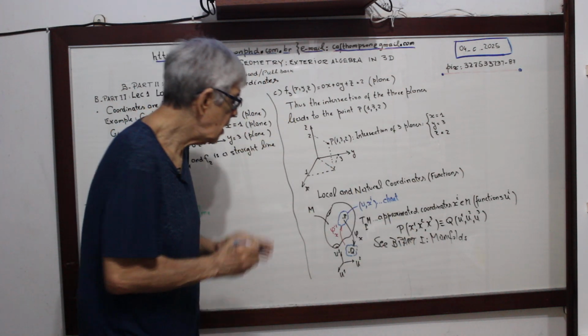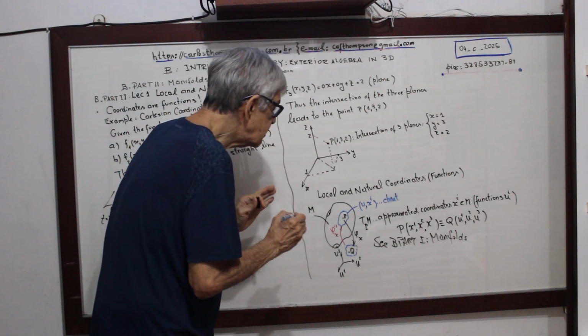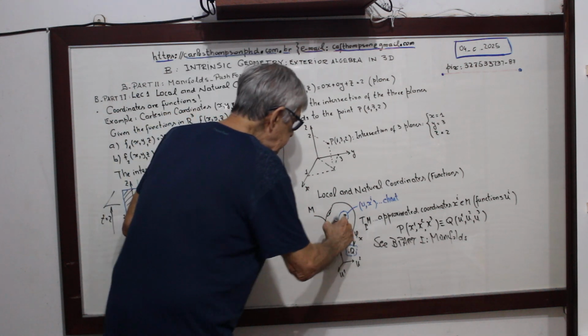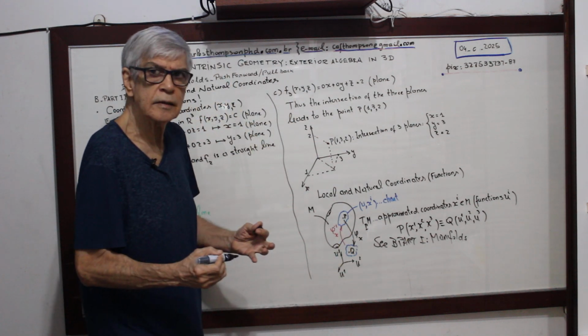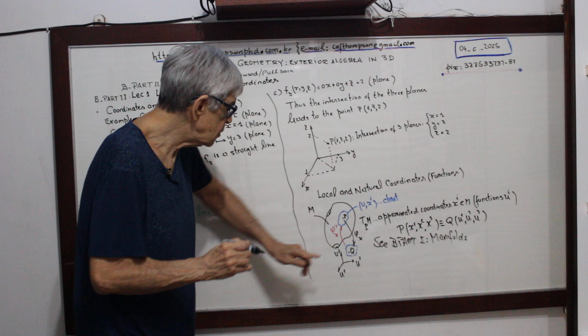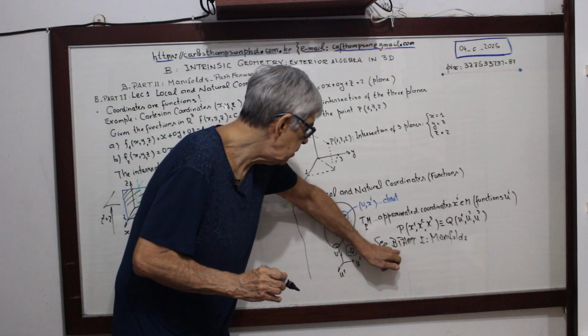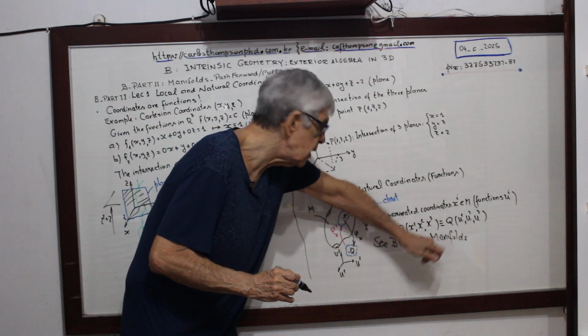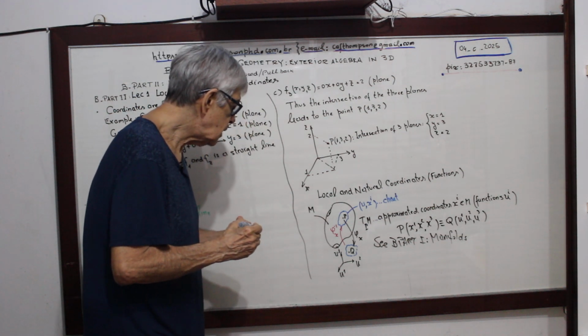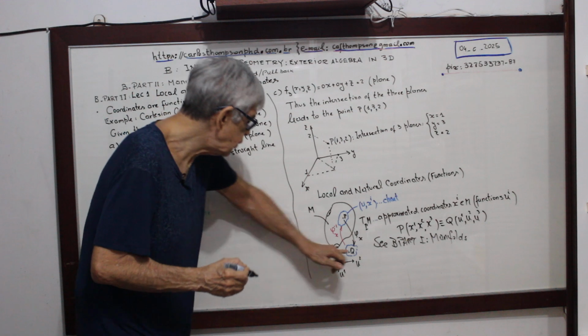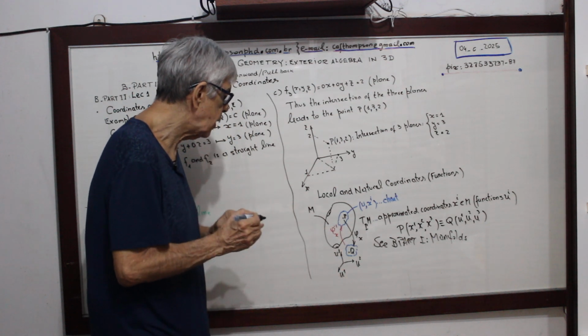Attention now. That's important. Point P and point Q coincide, as I pointed out, so see B part 1, manifold. I just said there that point Q and P are the same point.